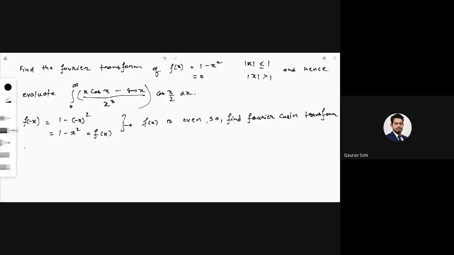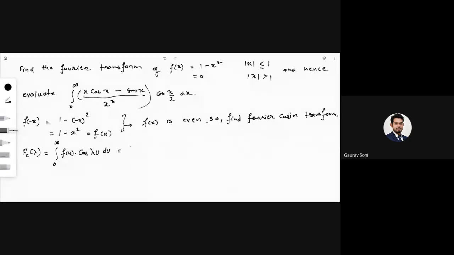It is denoted by Fc of lambda. Fc of lambda is equal to integral 0 to infinity f of u cos of lambda u du.